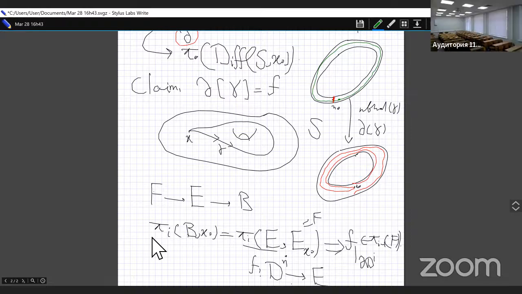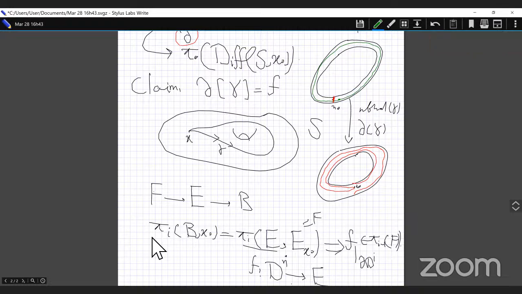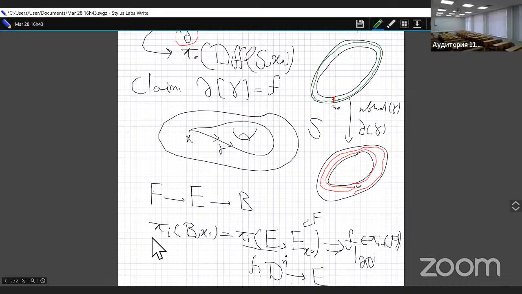Just the construction of the boundary map. Here n equals 1, so every loop here is a path whose endpoints are in fixed diffeomorphisms.